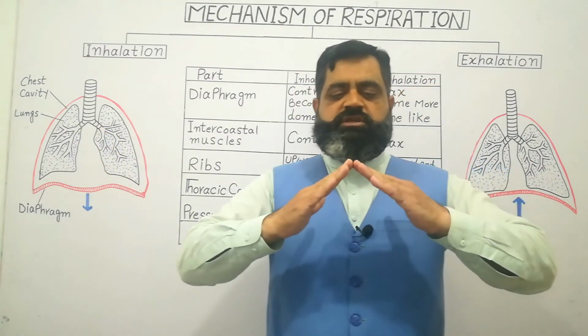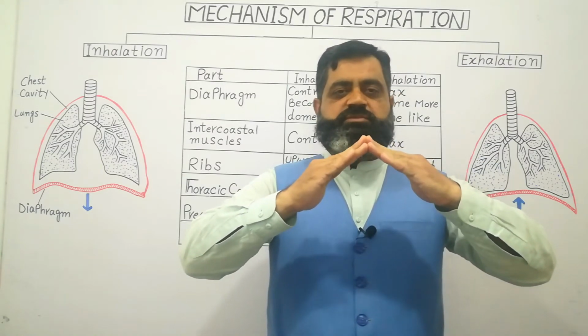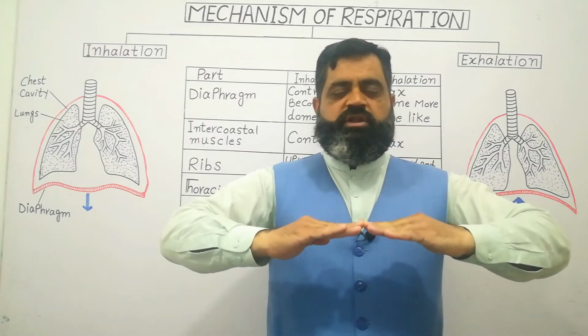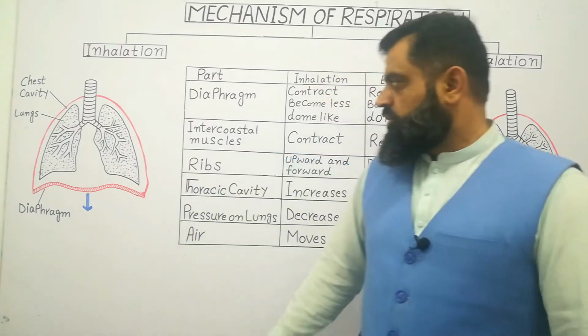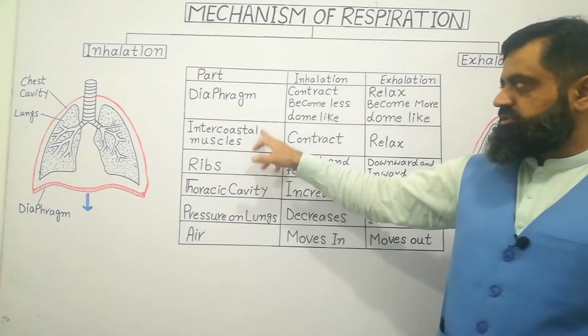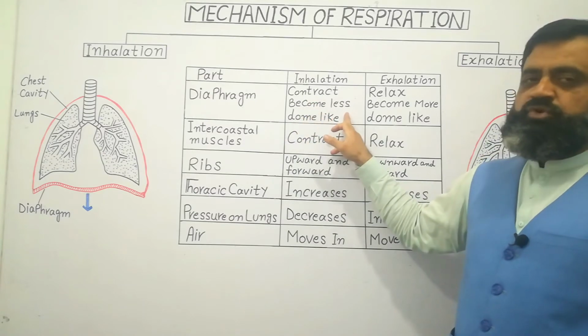Actually, the diaphragm muscle has an appearance like a dome. When this muscle contracts, it becomes horizontal. It becomes less dome-like. So this is the first process of inhalation.